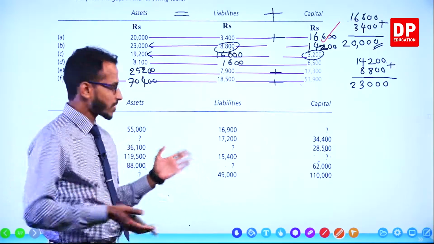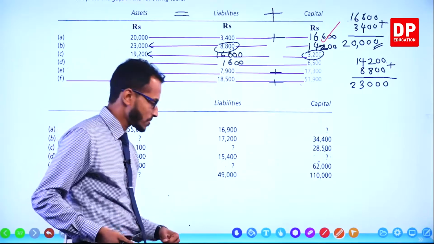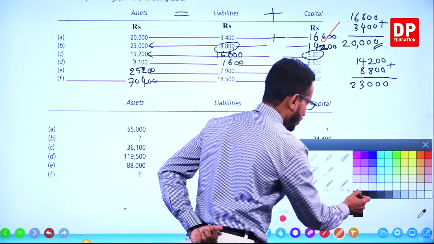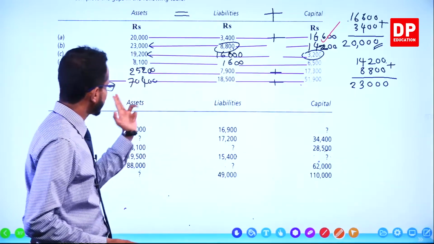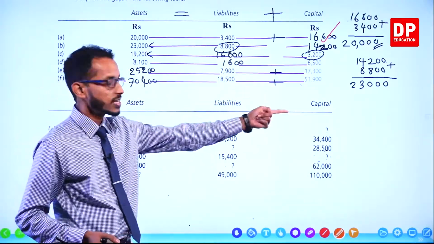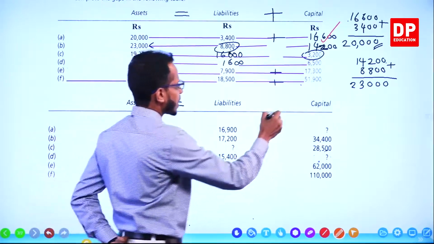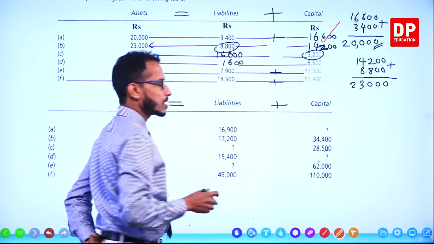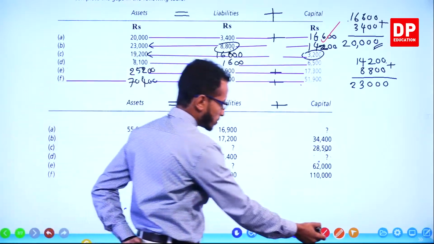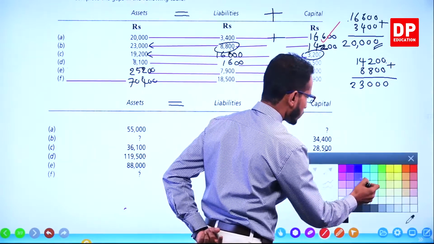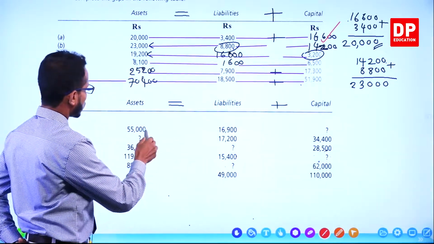Right, children, I hope you have done the second part of the exercise, finding the missing figure out of assets, liabilities and capital. I'll put the symbols here. Assets equals liabilities plus capital. So now we have 55,000 worth of assets.